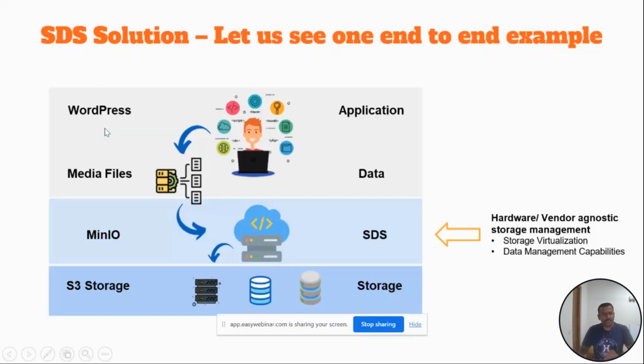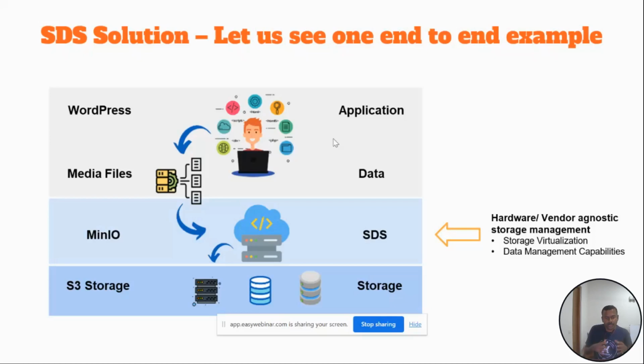Now let's see in a very simple manner how it really works. We mentioned that you have an application, you have data, and you have SDS, software defined storage, which talks to the storage. The application can be, say, WordPress, which can have different kinds of media files, photos, videos, or any other files.